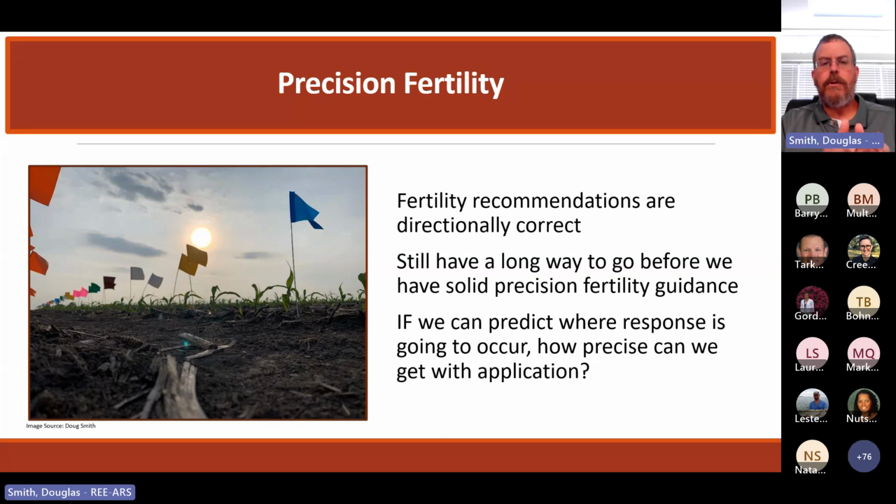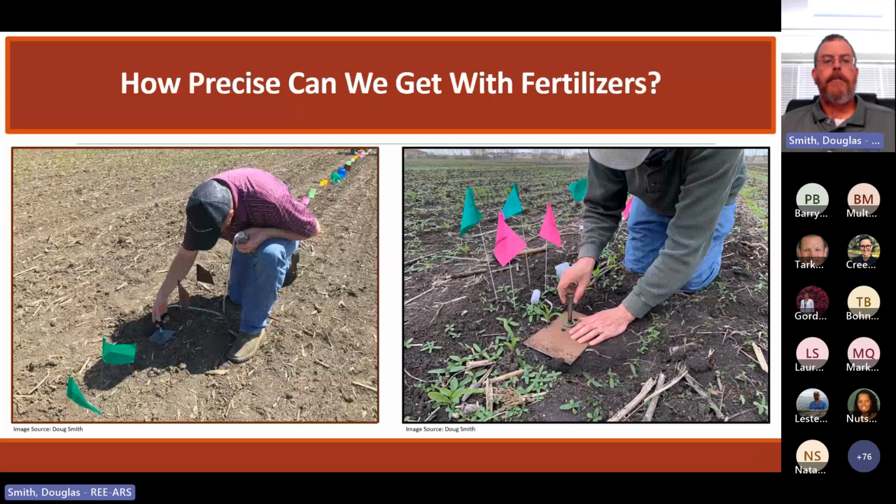Can we move that closer to feeding the plant? So we've moved into trying to see if we can fertilize individual plants. We call it the individual plant treatment studies. It's incredibly inefficient. We realize that because we're doing this by hand, but we would just want to see if it's worthwhile.